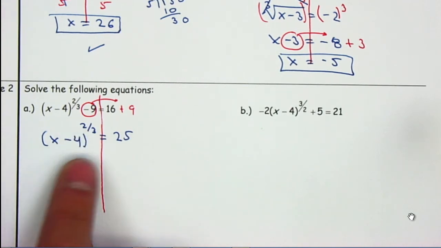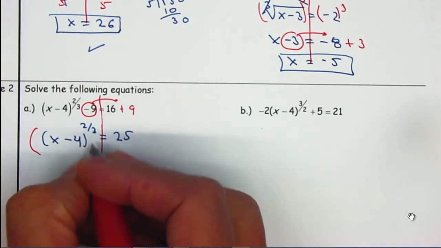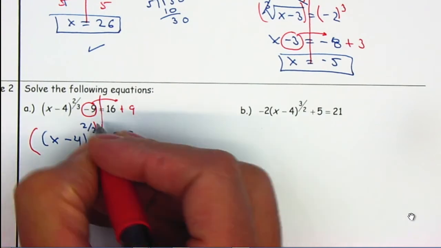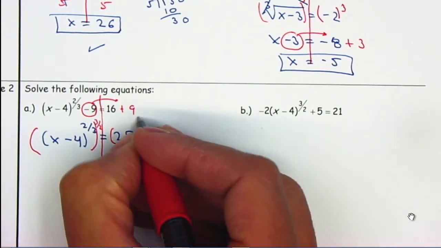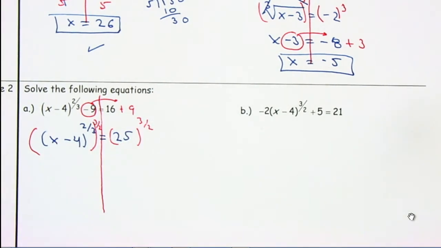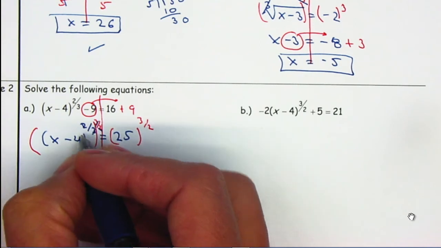In order to do so, we're going to be doing the same thing as when we solve equations that have fractions. We're going to raise it to the reciprocal. So instead of 2 over 3, it will be 3 over 2 on both sides. Because that will cancel, the 2's cancel, the 3's cancel, so the exponent is 1.